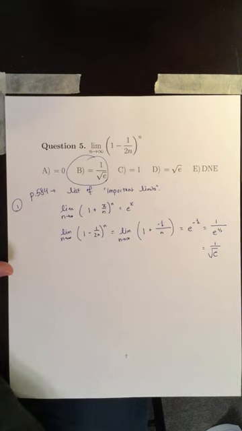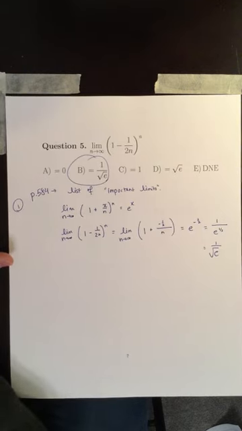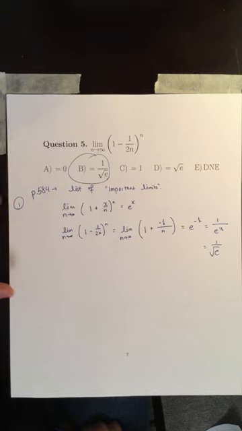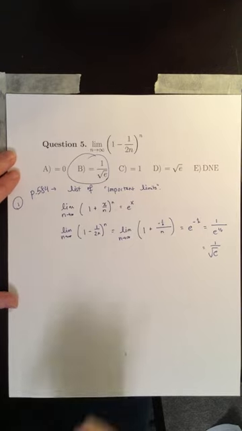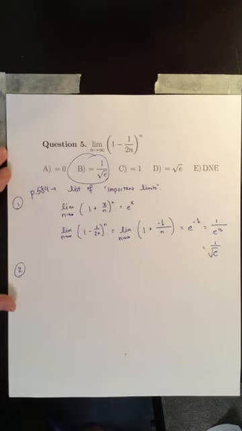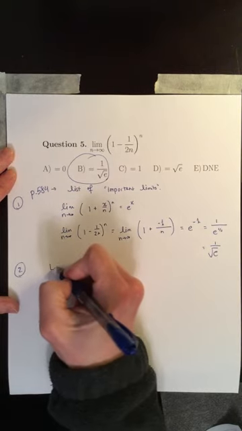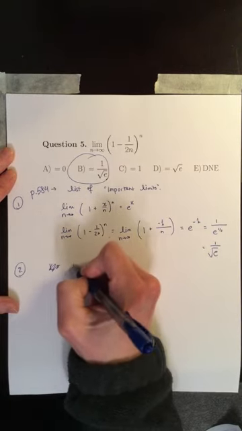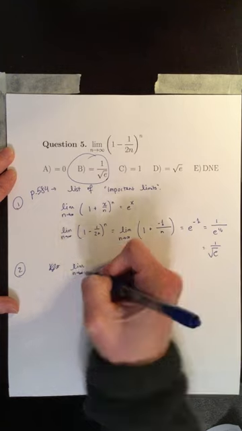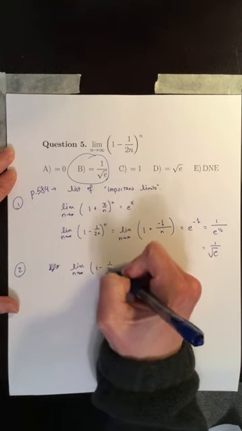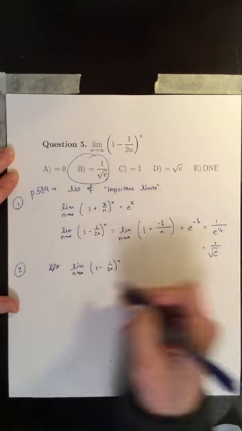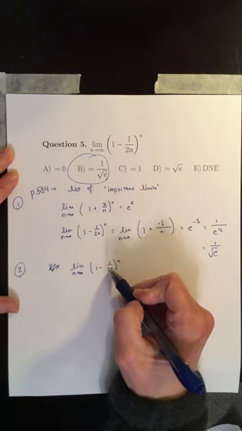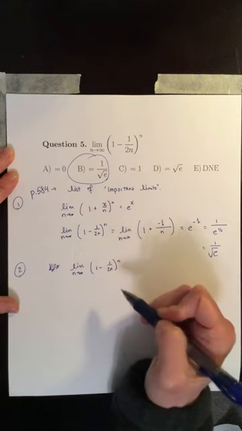I am not a big fan of memorizing formulas, so I like to use the brute force method and figure out the limit. So let's look at this limit another way. So first of all, if I take a look at the limit as n goes to infinity of (1 minus 1 over 2n) raised to the nth power, as n gets really, really large, 1 over 2n is going to get very, very small and close to 0.